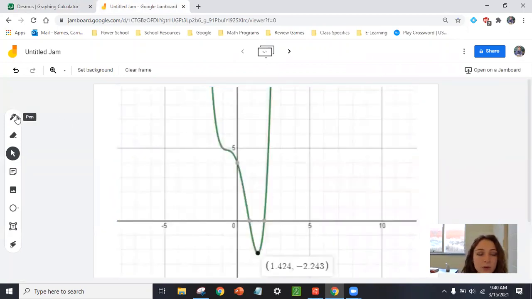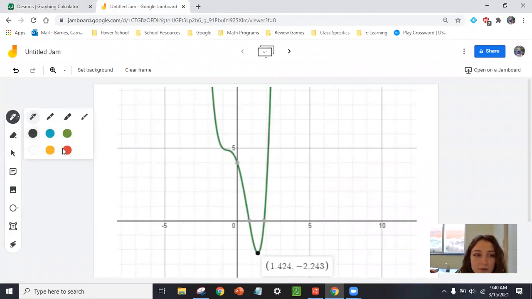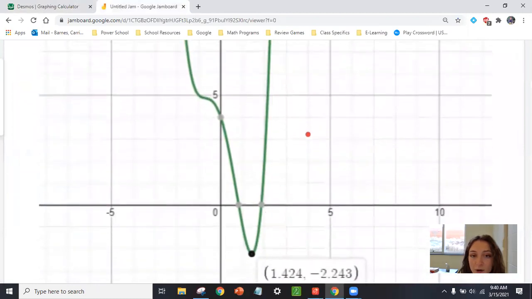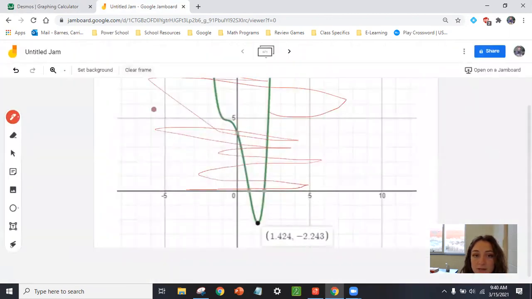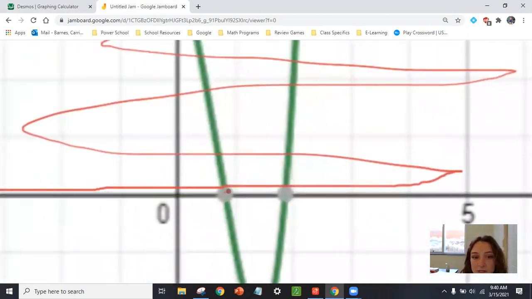All right, so we want to look at the positive and negative intervals, and positive is just going to be where it's above the x-axis. So I want all up in this area, and we can see that this is happening all up here. Okay, this is all of our positive where it's above the x-axis. And this is happening at these 2 points here, between these 2 intervals. So that is happening from right here to right here.